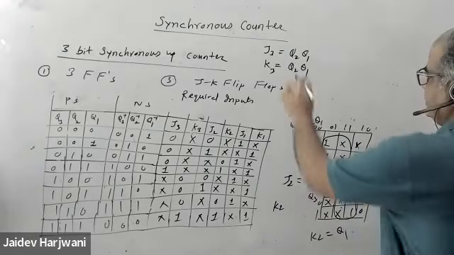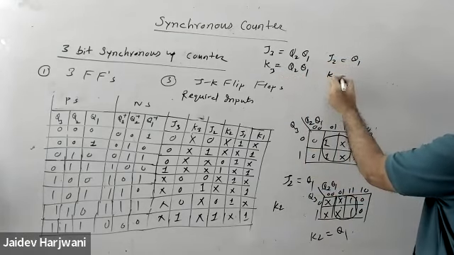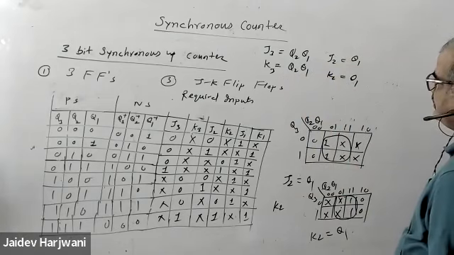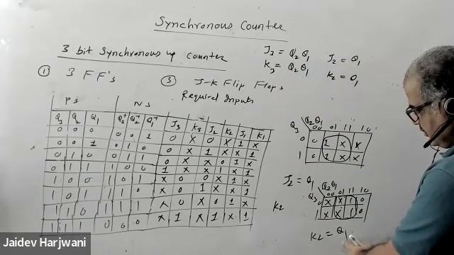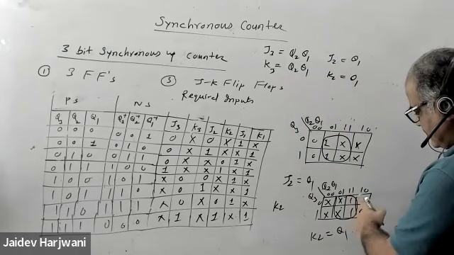So you have J3 K3. J2 is your Q1. Student: Sir, K2, why write 1 there? K2 is Q1, no? Student: Sir, 0, 1, last 0, 1. 7, 6, 7.